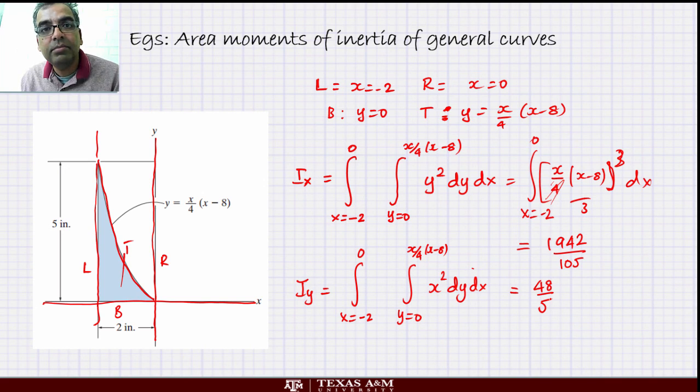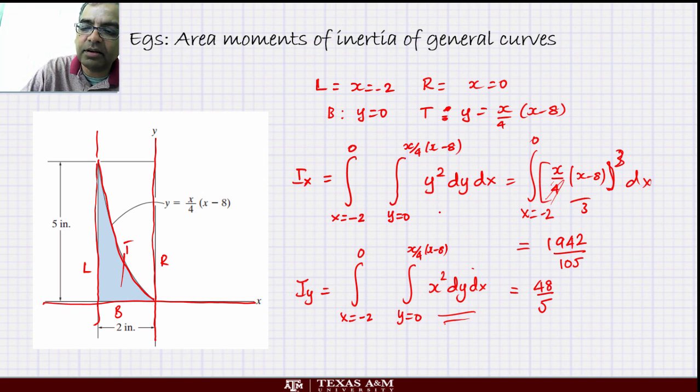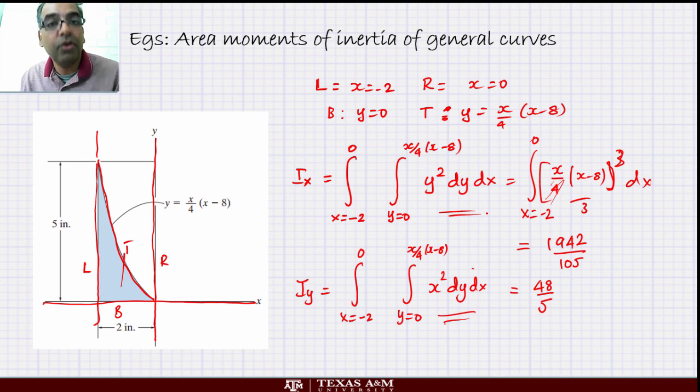Easy, no? If you know a little bit about double integrals, these things are trivial. There's nothing to it. If you don't know, better learn it now. That's how I compute Ix and Iy and all of these things. It's a fairly straightforward deal. Of course, as with the other one, what if you want to do something for a composite area?